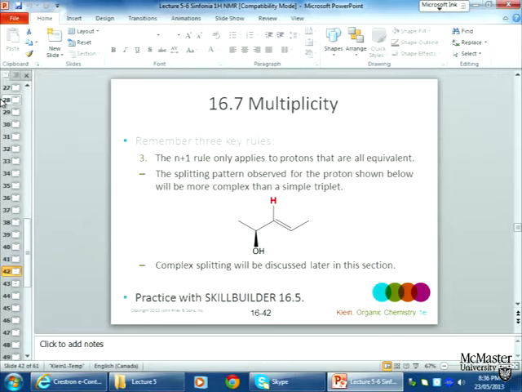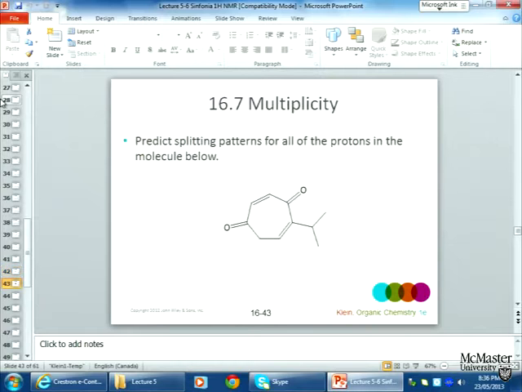Multiplicity tells us the number of hydrogens in the neighboring group. And coupling constant tells us about the relationship of the hydrogens one to another, tells us about molecular shape, molecular geometry. But that is all we'll say at this point about coupling constants.